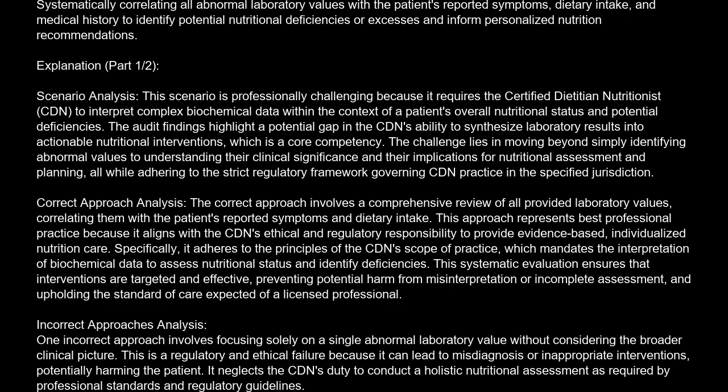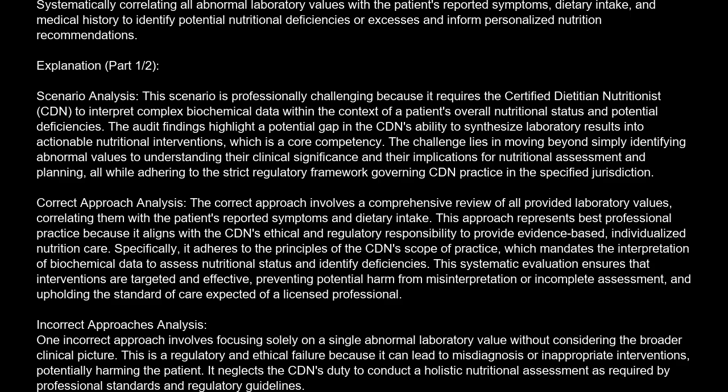Correct approach analysis. The correct approach involves a comprehensive review of all provided laboratory values, correlating them with the patient's reported symptoms and dietary intake. This approach represents best professional practice because it aligns with the CDN's ethical and regulatory responsibility to provide evidence-based, individualized nutrition care.